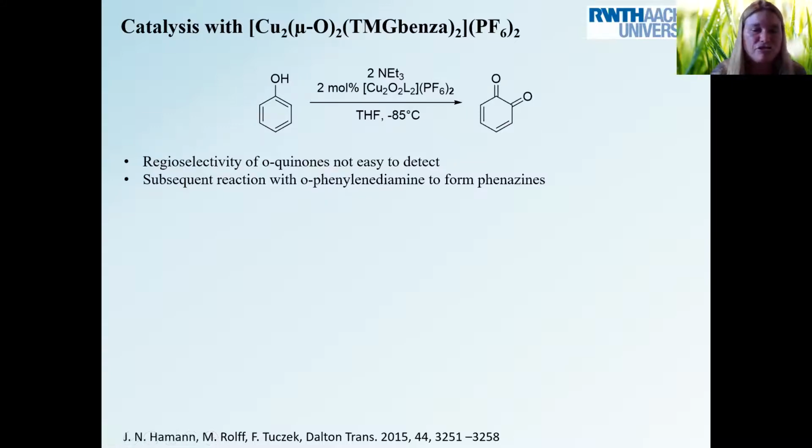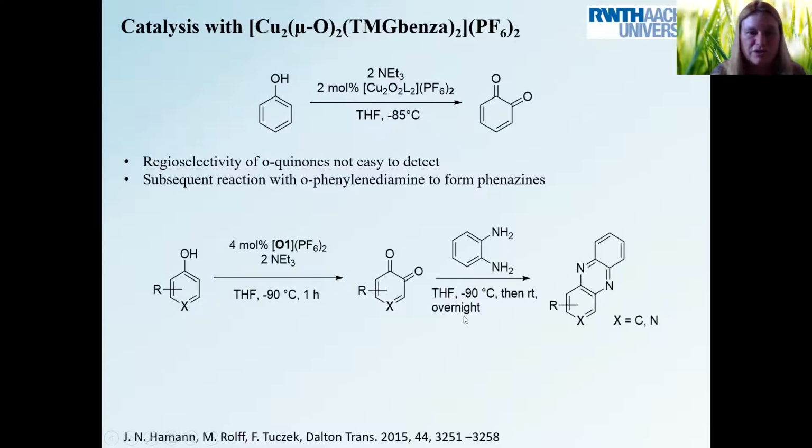And we found in the literature, again from the Tuczek group, works that are quite inspiring, that you can, for example, combine quinones with ortho-phenylenediamine to form phenazines in the next reaction. So you can produce a quinone in the tyrosinase analog hydroxylation, then add in, for example, ortho-phenylenediamine, and this is a rather simple condensation reaction, and you obtain this phenazine.